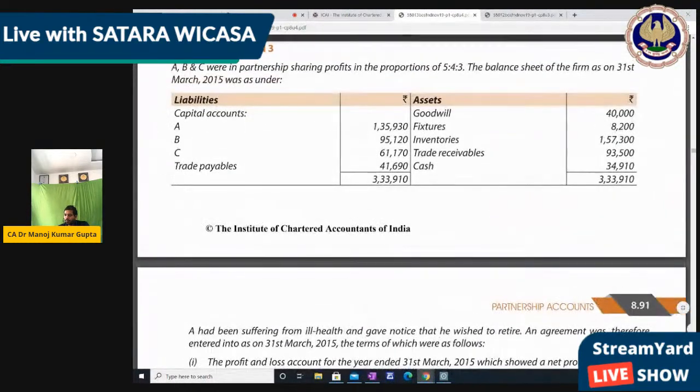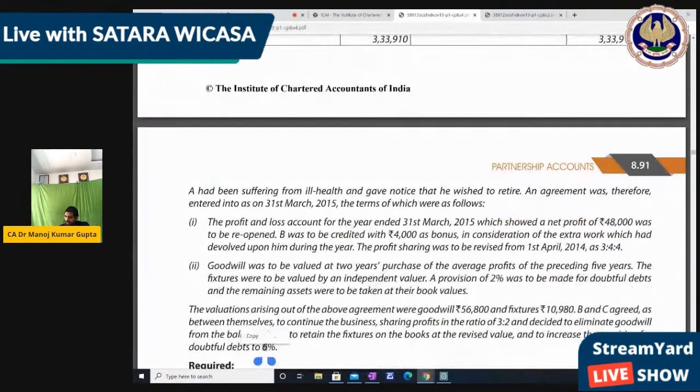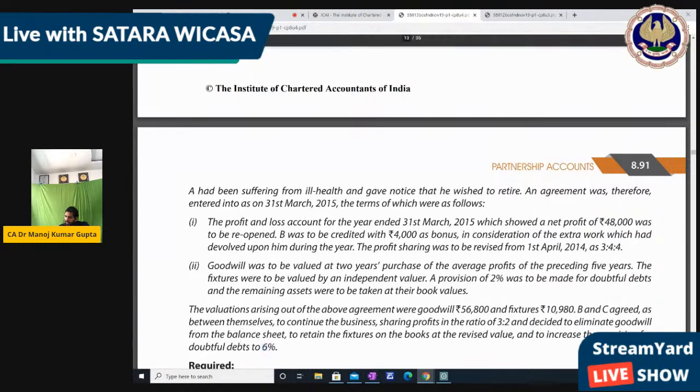So what do we have to do? Trade receivables 93,500. We have to charge 6%, not 2%. But here they say 2%. See, the fixtures were to be valued by the independent valuer, and the provision of 2% was to be made for doubtful debts, and the remaining assets were to be taken at their book value. And they say increase the provision for doubtful debts to 6%. Instead of 2%, it should be 6%.